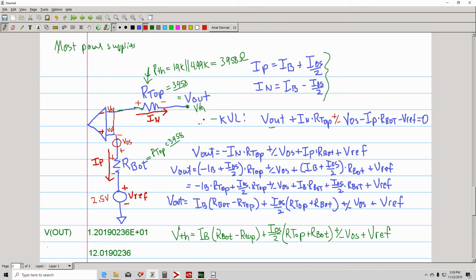So this is V plus, and then this is positive IN times V R top, and then this is VOS plus or minus. It's plus or minus because it's a random parameter.